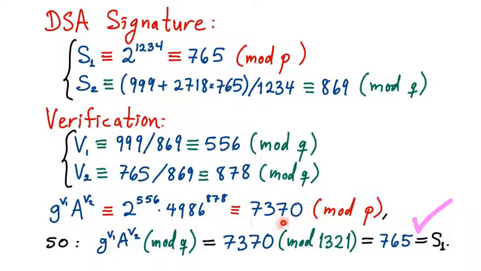So you get 7370 mod P. Now, we are going to have to compare this to S1, but when we do arithmetic modulo Q. So this piece, G^V1 A^V2 modulo P, is 7370. If we now take that modulo Q, we get 765, which is the same as our S1. So the DSA signature checks out, and that's the end of today's lesson.